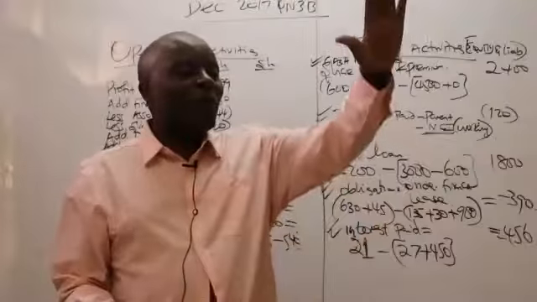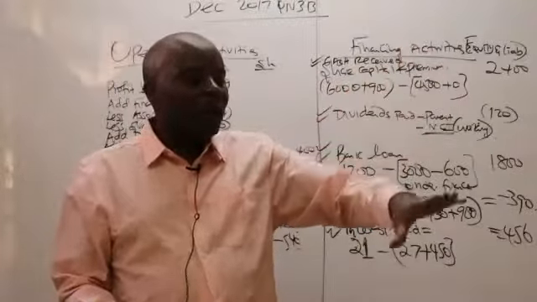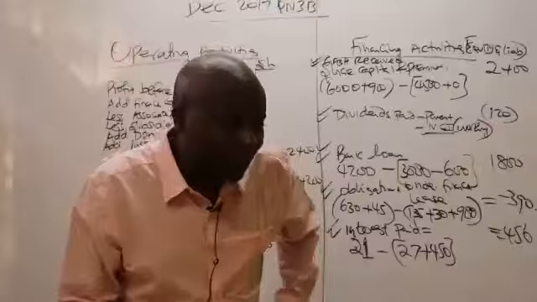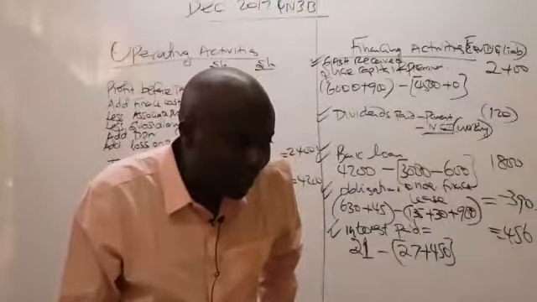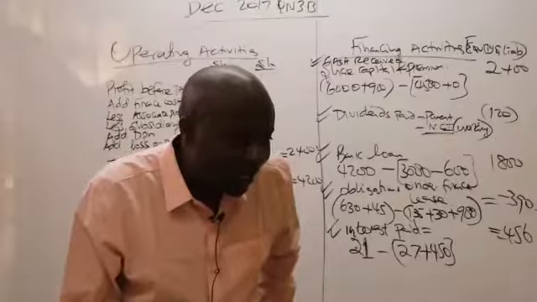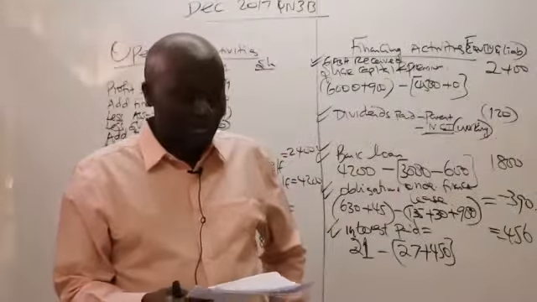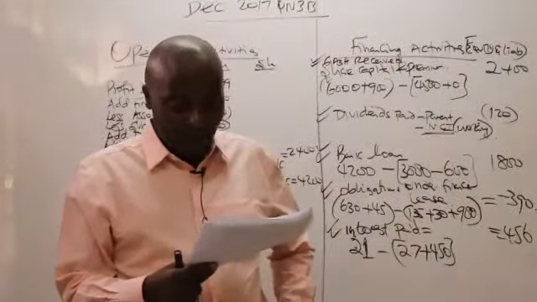Okay, let's see those who get 108. Those who get 108, let us have your working. Those who get 108 take 21 minus 63 plus 144 minus 15. So we have minus 21.